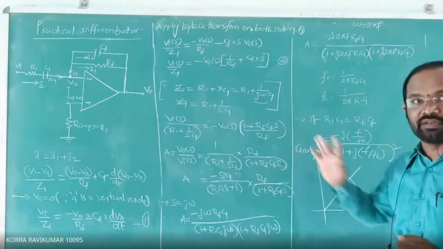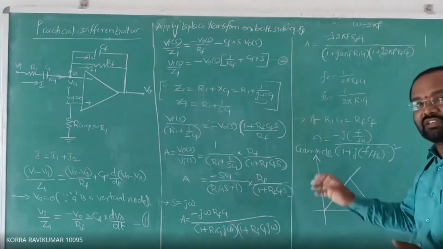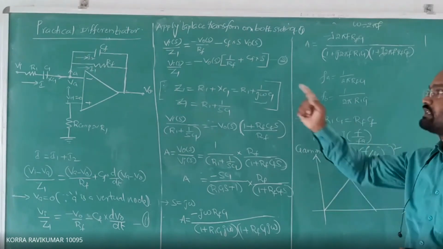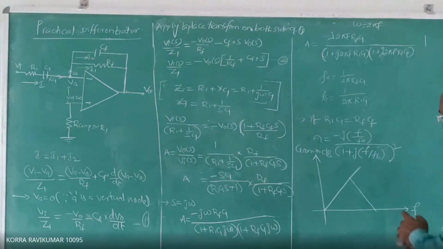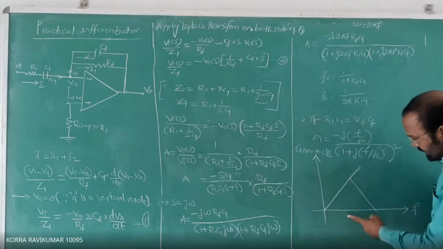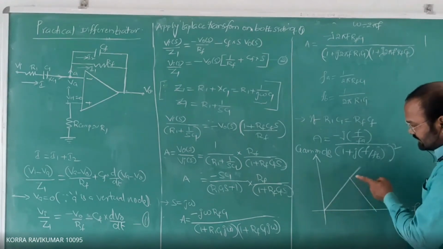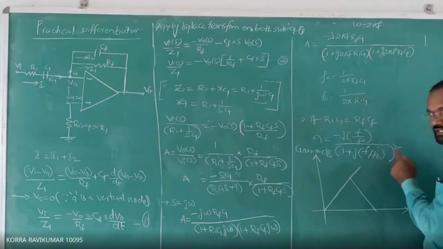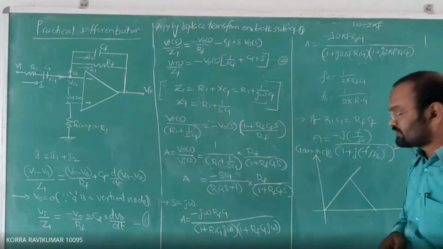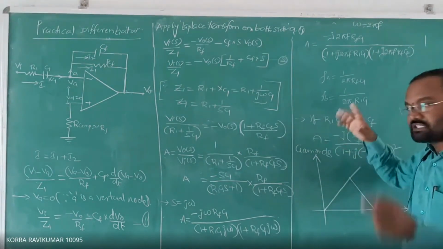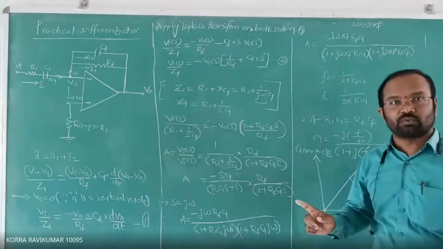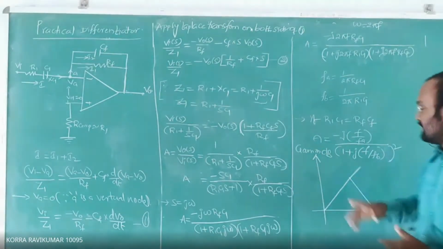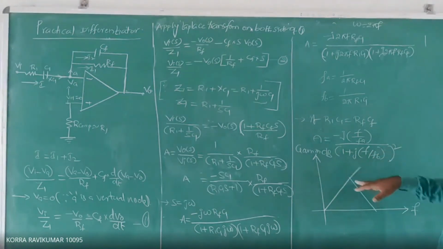If you substitute all these values and draw a graph, frequency versus gain response curve for this differentiator circuit, initially if frequency goes on increasing, then gain also increases linearly. But if R1 C1 is not equal to RF CF, in such a condition, the gain of the differentiator gradually decreases, not exponentially. It decreases gradually.